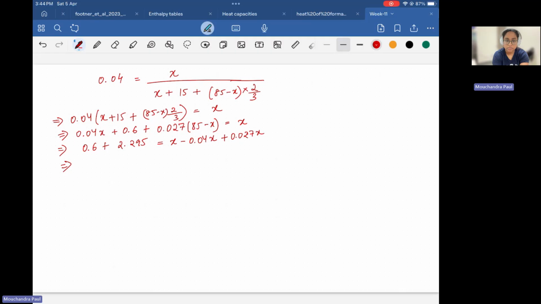So I've brought all the x terms and constant terms together.